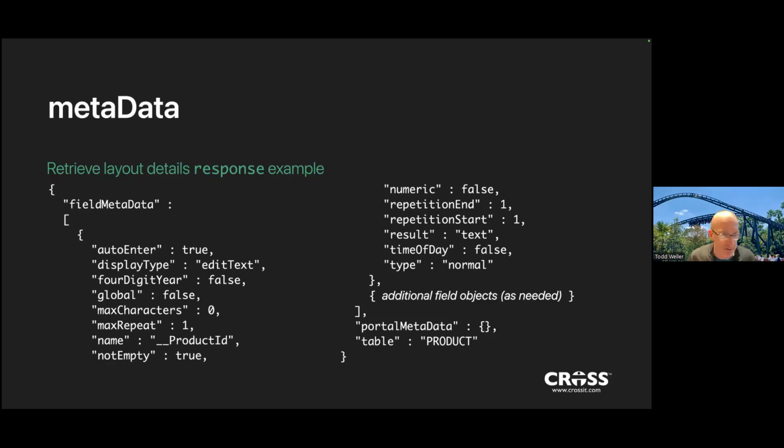You can see it's an array with objects in it that include things like how the auto-enter is set, the name, is it allowed to be empty, the type, those kinds of things. It goes through all of the fields. And as you can see, even though this particular layout did not have any portal on it, we would also get portal metadata as well.